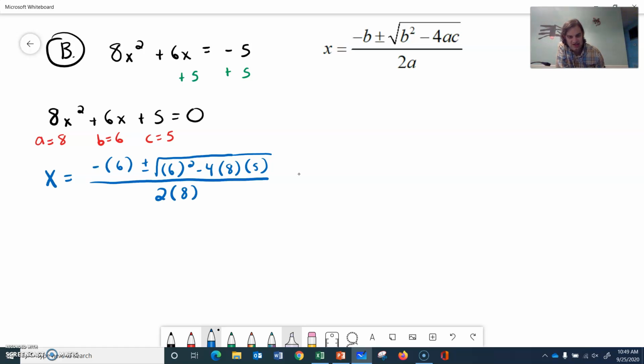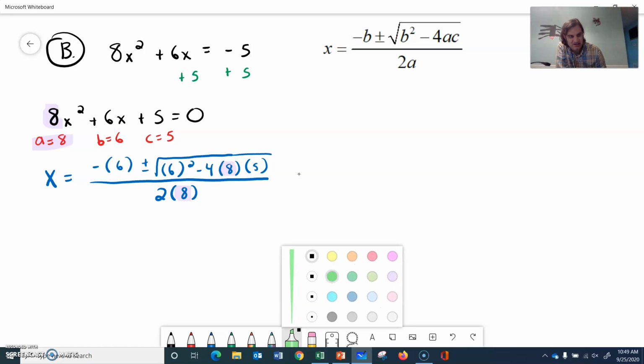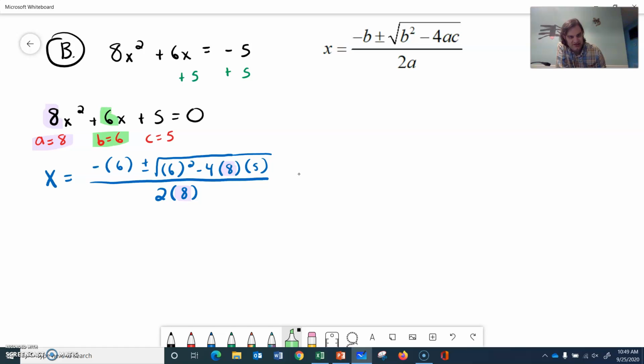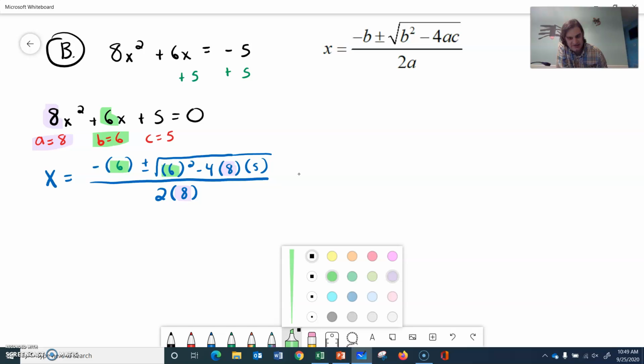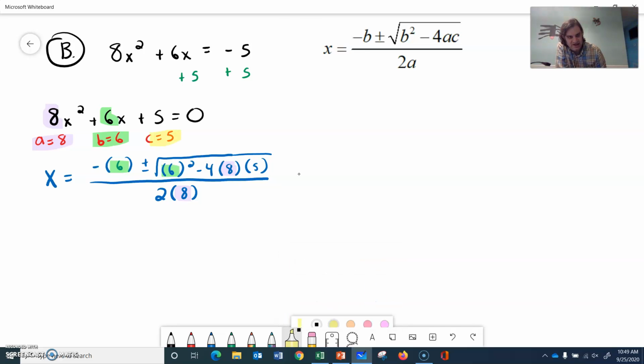And I'll go back and highlight some things. The a I plugged in was 8. I can do this to help myself make sure I didn't make a mistake. The b was 6. And the c was 5. So everything is in place.